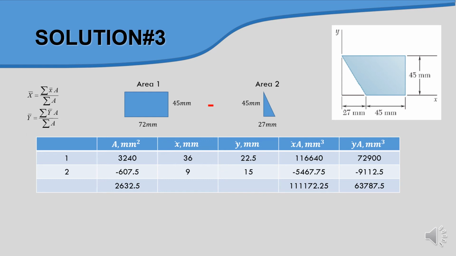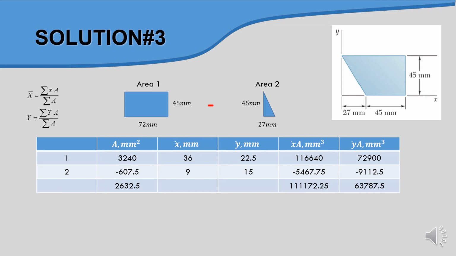In terms of area A, we have 72 times 45, which is 3240. The x bar and y bar we can already get by using symmetry. The x bar is 36 and y bar is 22.5, from 45 divided by 2.